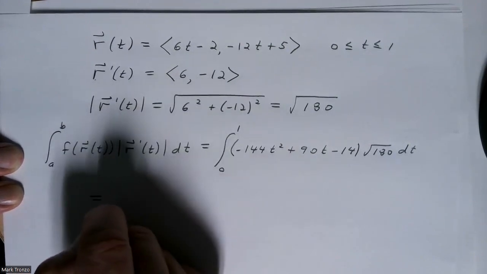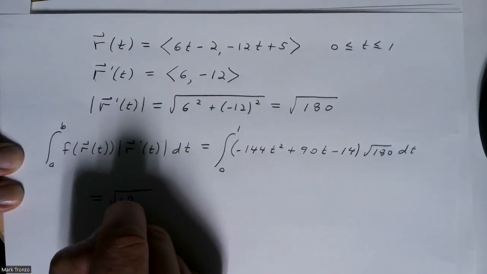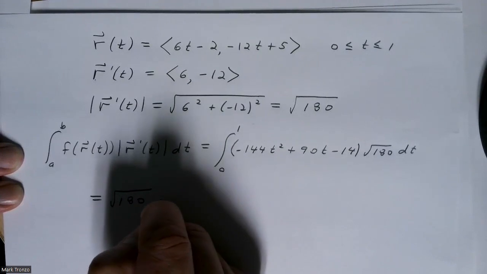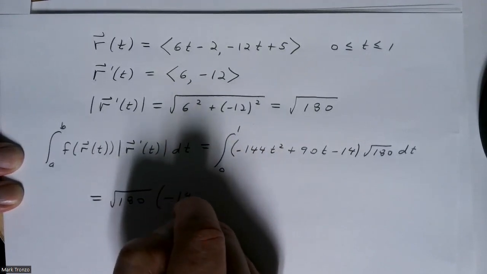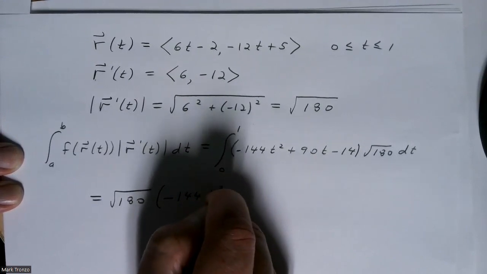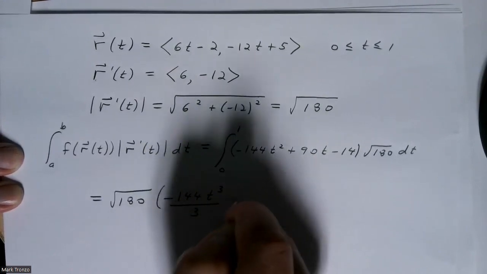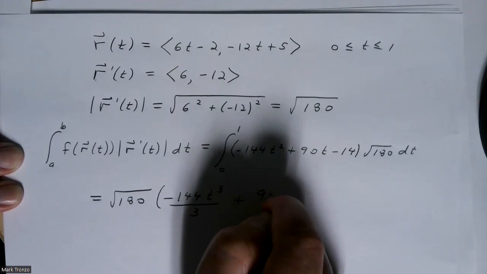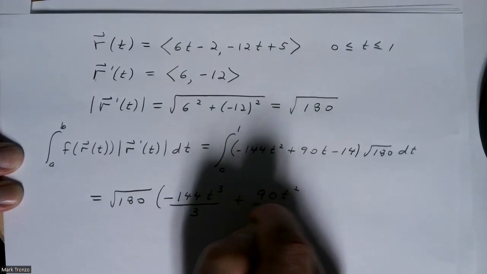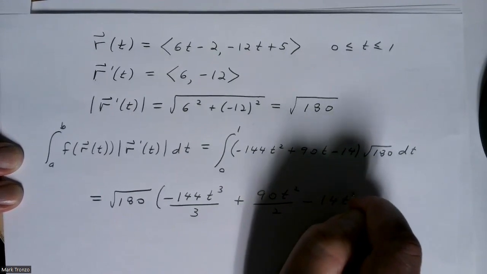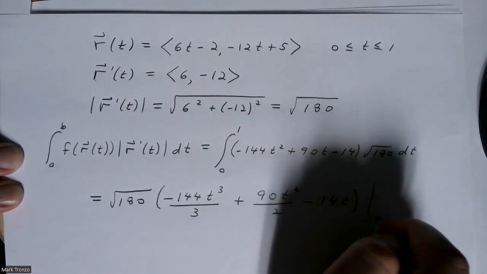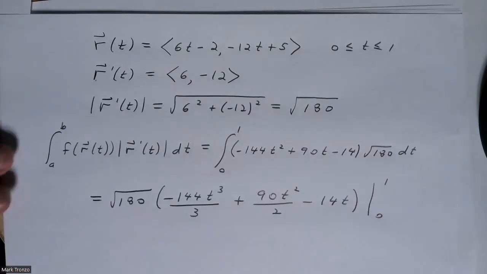And we can bring the square root of 180 in front. And integrate, that's going to be 144t cubed divided by 3, plus 90t squared divided by 2, minus 14t, from 0 to 1, like this.